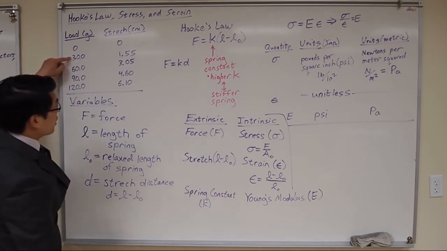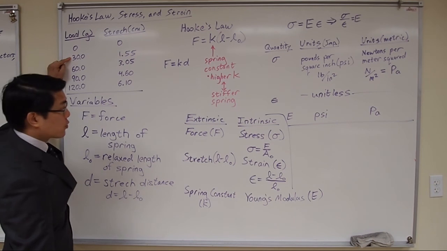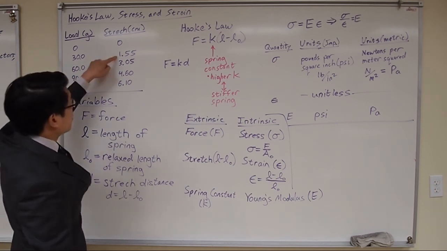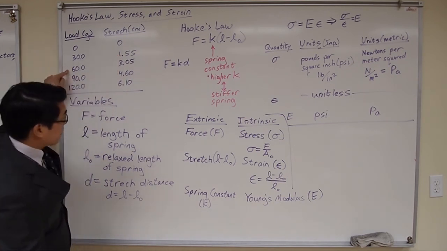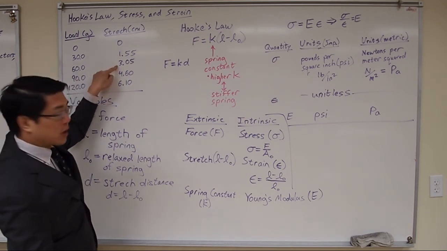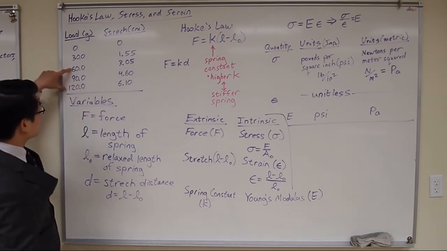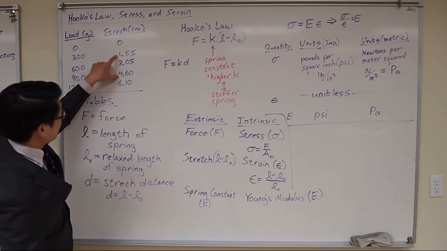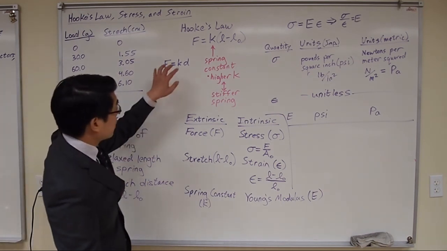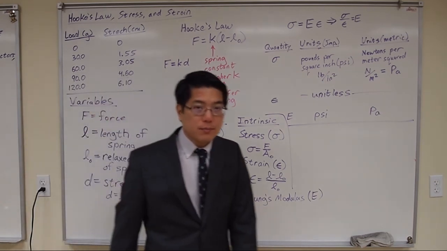So if we start with 30 grams of force, or grams of load, we have a distance stretched of 1.55, and if we double that up to 60, we almost nearly double the distance stretched. And same thing when you go from 60 to 120. Double the load, double the stretch distance. Triple the load, triple the stretch distance. So, our data are consistent with Hooke's law.